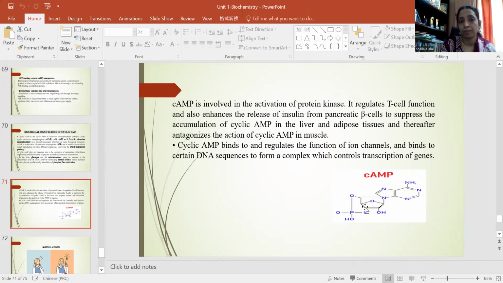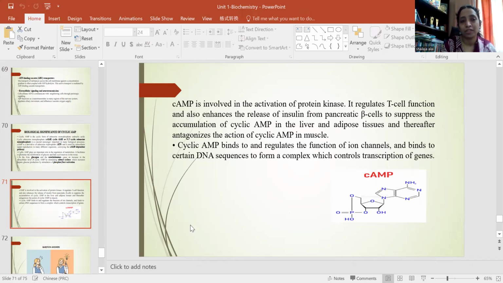So here we have learned all the energy-rich compounds. In conclusion, energy-rich compounds release energy of more than 7 calorie per mole, while energy-low compounds release energy of less than 7 calorie per mole.